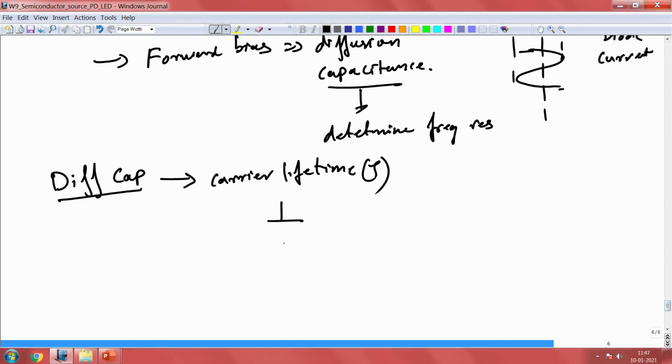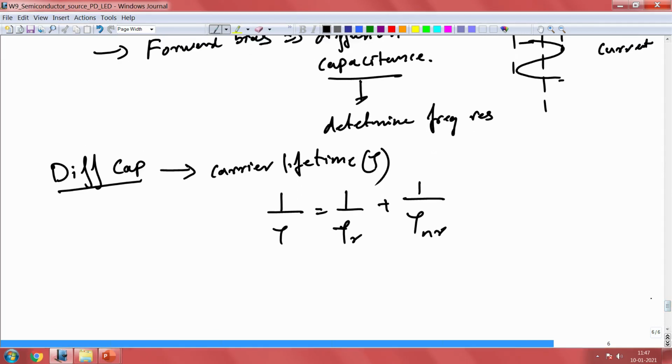We all know the carrier lifetime relation, because we saw that in our transition rates. Your lifetime depends on the radiative and non-radiative recombination processes. Because it is strongly dependent on these, your speed is limited by the lifetime of the injected carriers in the system.